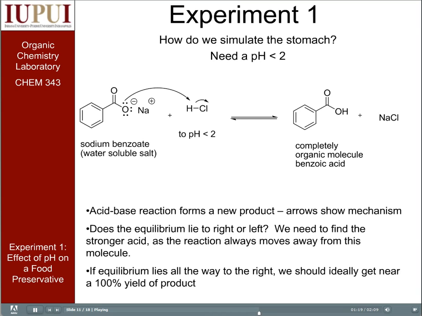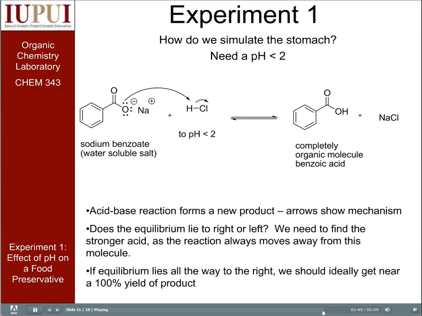If you haven't already, you may be soon. What those arrows mean is that a lone pair on oxygen is going over to form a covalent bond with hydrogen. Then the electrons between hydrogen and chlorine get put onto chlorine as a lone pair. So now you form sodium chloride and the oxygen picks up that hydrogen.